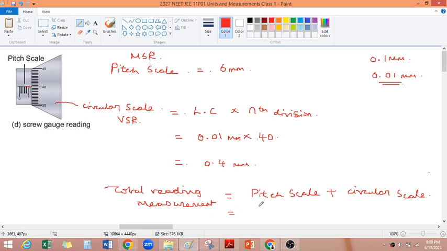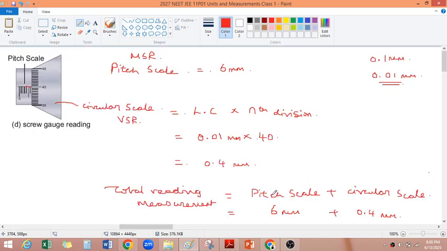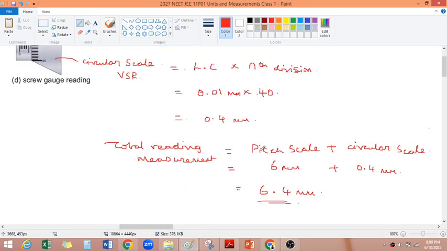The pitch scale we found as 6 millimeter, plus 0.4 millimeter for the circular scale. So that means it will be 6.4 millimeter. Very, very simple, nothing very difficult, but I have seen many students think it is very difficult and they skip it. So any doubts here, anybody?